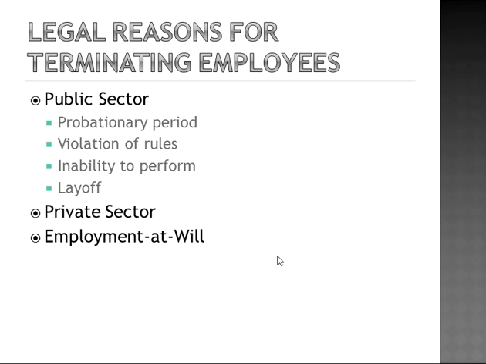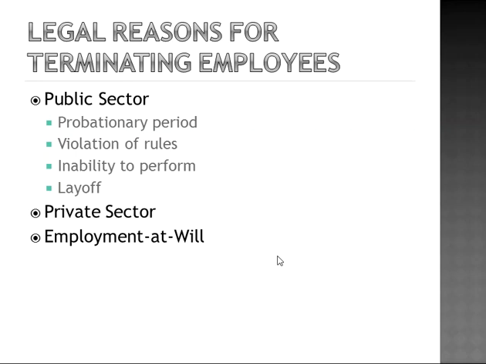Now, when it comes to employment at will, we've already talked a little bit about the private sector and some of the things they can do because they don't have government contracts or they are a private entity. We will talk about those a little bit later as we go. But employment at will statements in employment applications and company manuals reaffirm an organization's right to hire and fire at will.